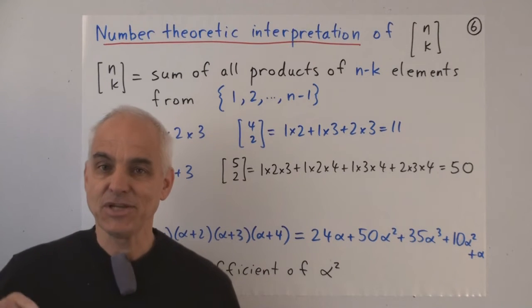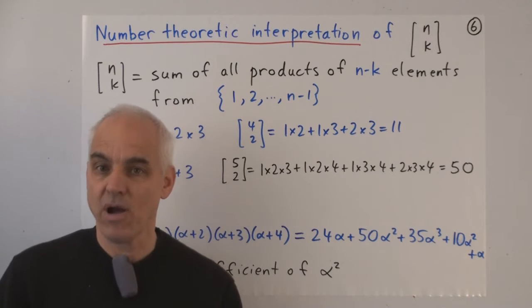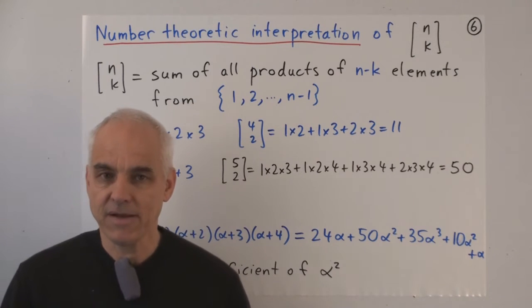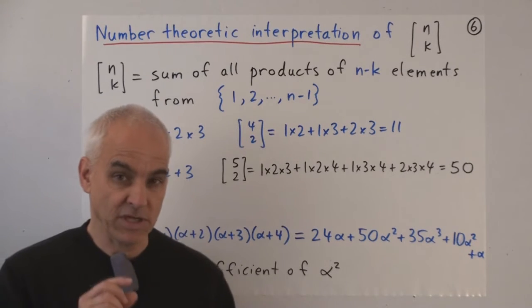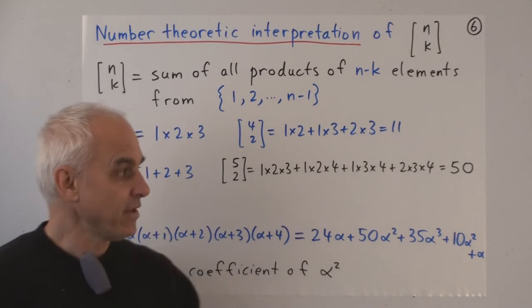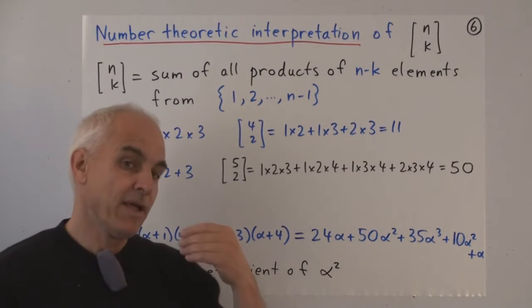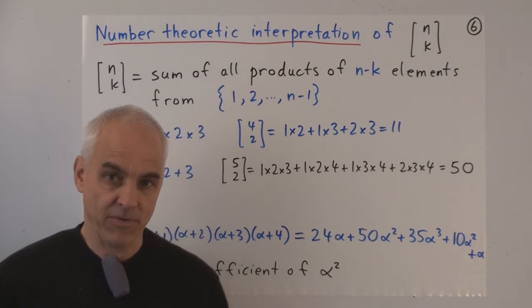Now, at various stages in history, each of these different interpretations was considered the most prominent one. But I think now that the dust has settled, it's really the first definition which is the most fundamental and the best one. The definition in terms of rising powers expressed in terms of standard powers.